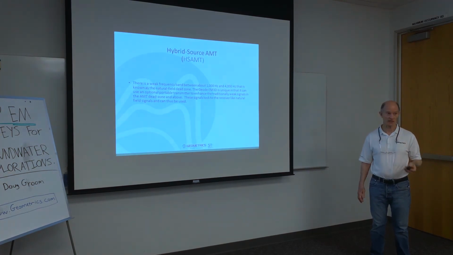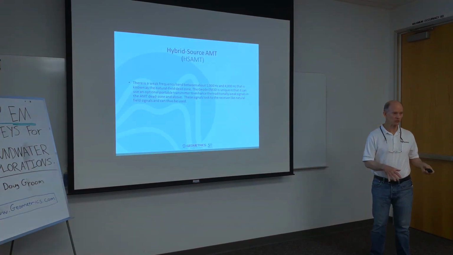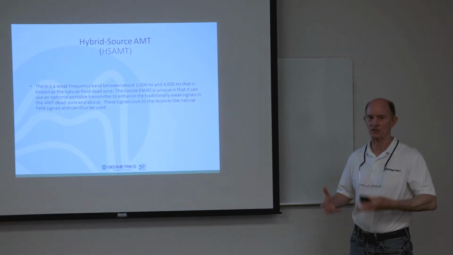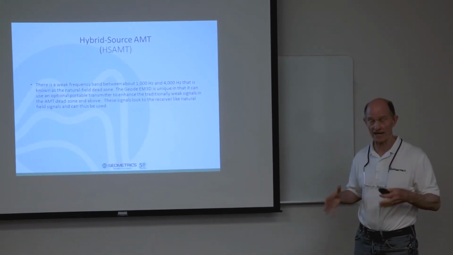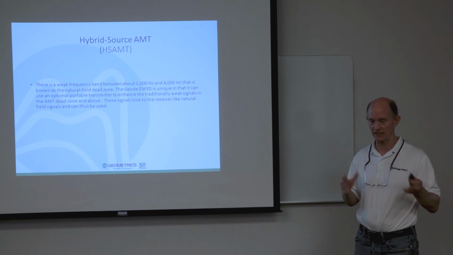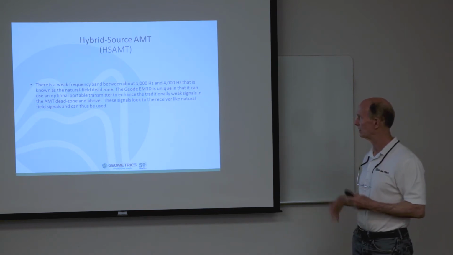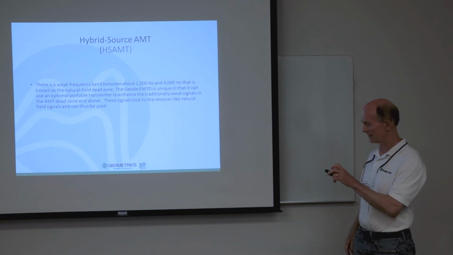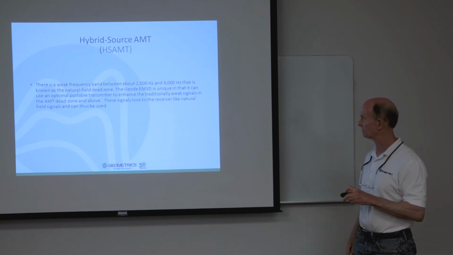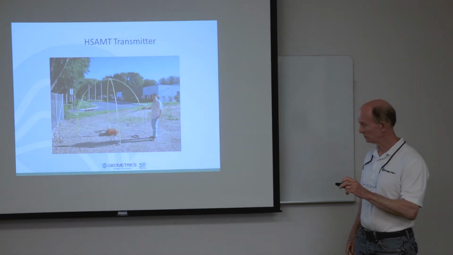So the hybrid source technique is used to enhance the natural field weak signal area, also known as the dead zone, and that's typically between 1,000 to 4,000 hertz. This is the transmitter that's used.